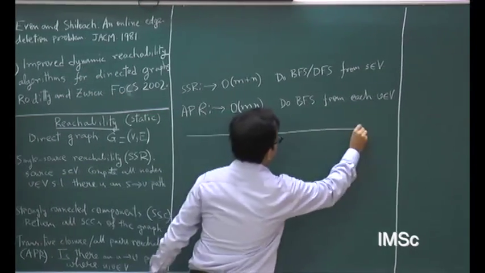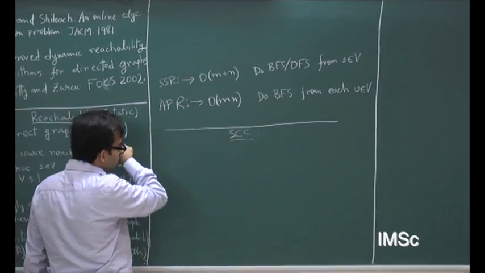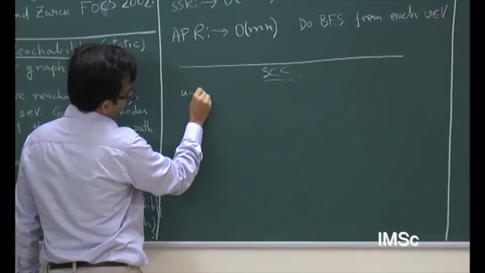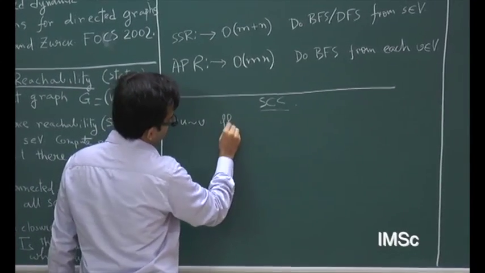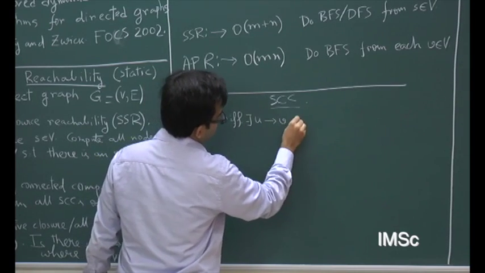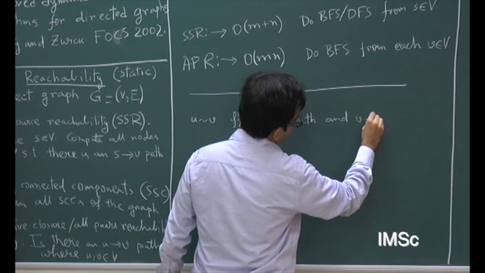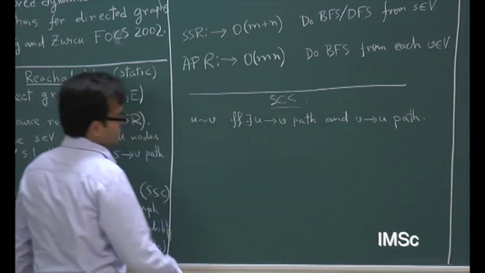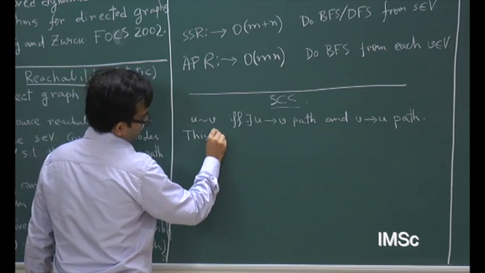So, for SCC, you just define a relation and say that U is related to V, for any two nodes, if there exists a UV path in G and simultaneously there exists a VU path in G. Then you can note that this is an equivalence relation.